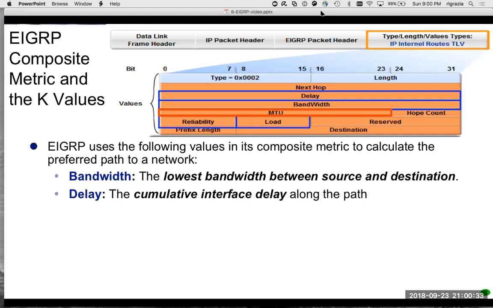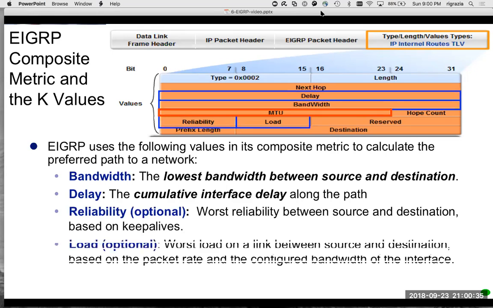There's also two others, reliability and load. I won't go into these in this video. Maybe I'll do another video that goes into this in a little bit more detail. But reliability and load are optional, and actually, Cisco strongly suggests that you do not use them, that you stick with bandwidth and delay.